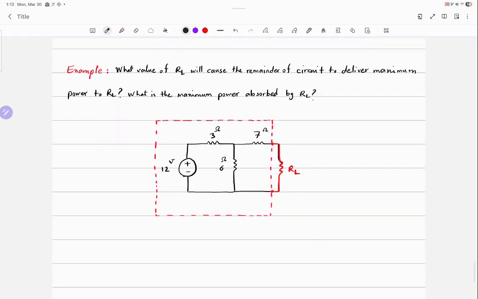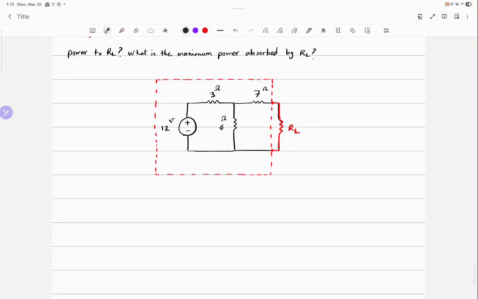How can I get rid of the 7 and the 6 and find the 3 ohms equivalent resistance? So RL equals RL plus 7 first, and then do all the adding up. I would set RL equal to the combination of RL, 7, 6, and 3. But there's a voltage source there. How can you combine them?